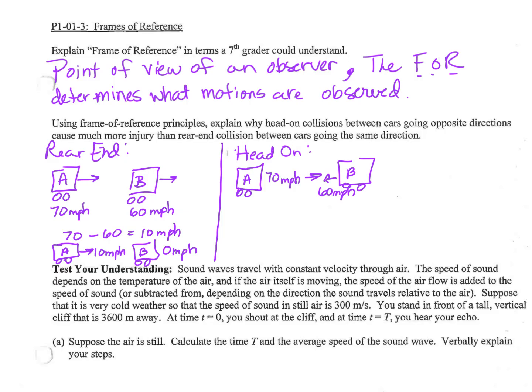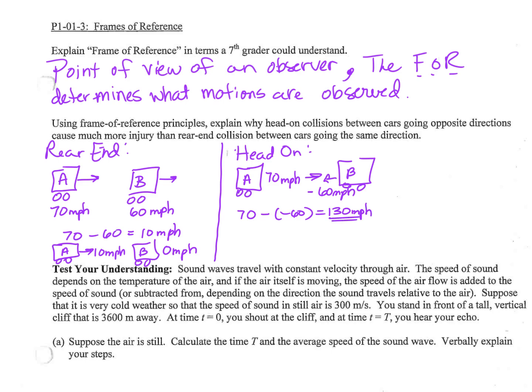Well, if I'm going 70 towards you and you're going 60 towards me, then this is an opposite direction. This is minus. So if we were to take 70 and subtract that negative 60, what we really get is 130 miles per hour difference.